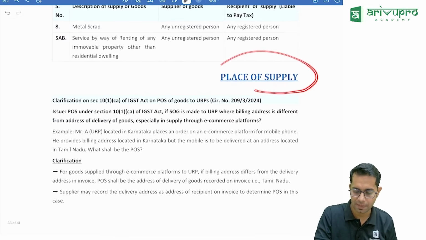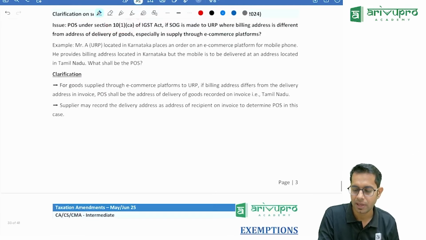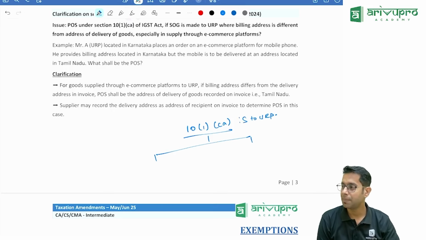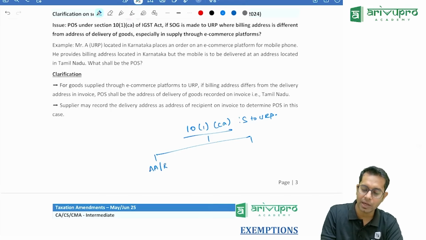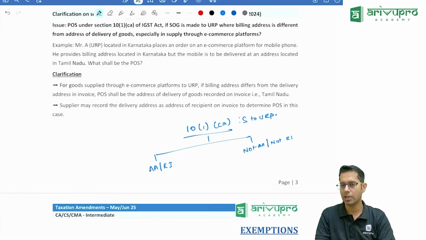Now in case of place of supply, there is a section called section 10(1)(ca). This is also a newly added section. So 10(1)(ca) talks about what, sir? If you are making a supply to an unregistered person, I will check whether the address of that unregistered person is available with you, or have you recorded the address on the invoice, or the address of that unregistered person is not available with you, or you have not recorded the address on the invoice.